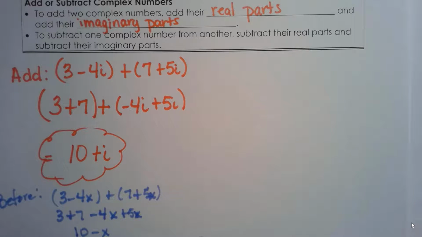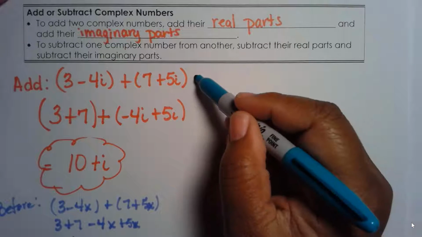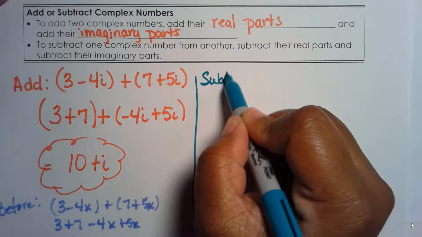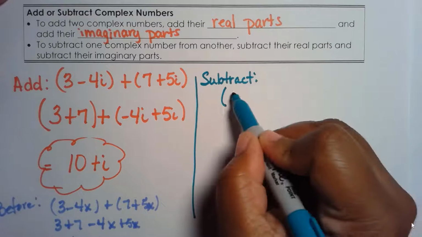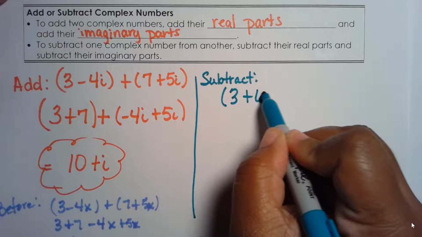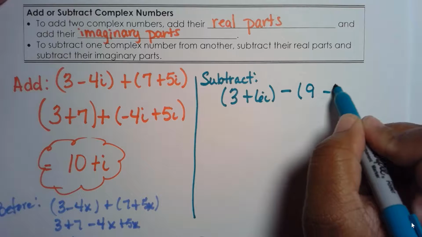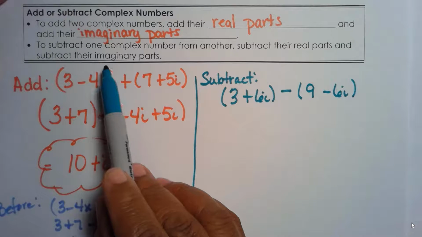Let's subtract. How to subtract one complex number from another. We have here 3 plus 6i minus 9 minus 6i. It says subtract their real number parts and subtract their imaginary parts.